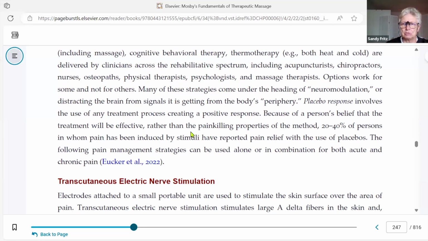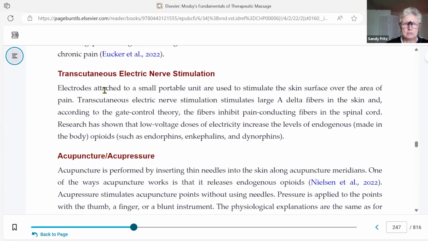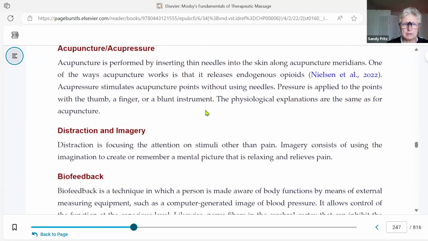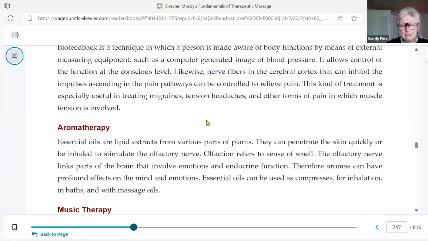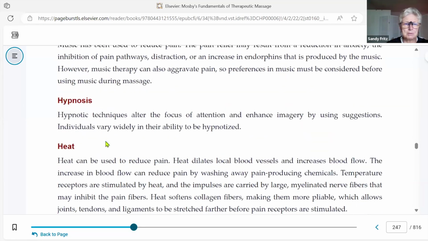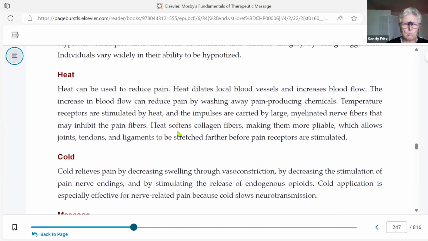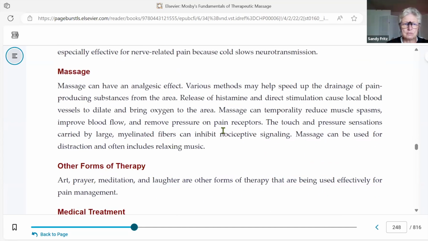And I mentioned earlier the idea of habituation of pain. So these are things that they're trying to do. TENS unit, that's what this is. Acupuncture, acupressure, distraction, imagery, biofeedback, aromatherapy, music therapy, hypnosis, hot and cold, and massage fits into this.